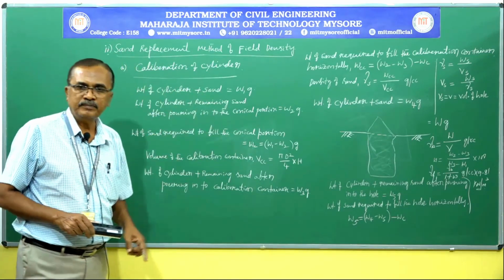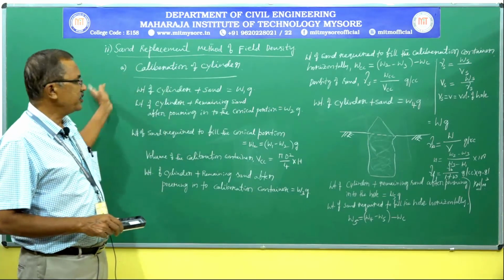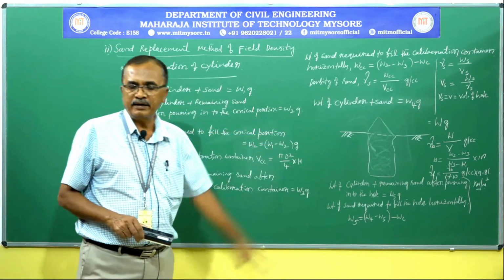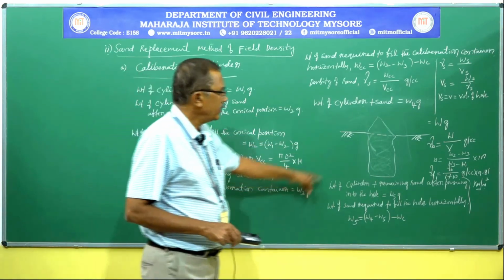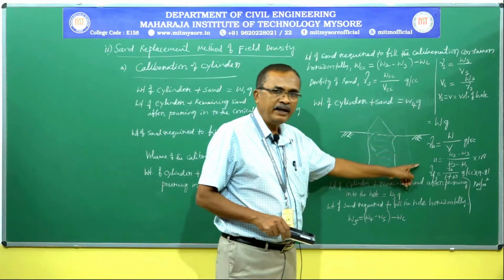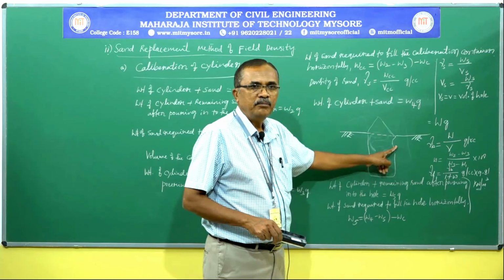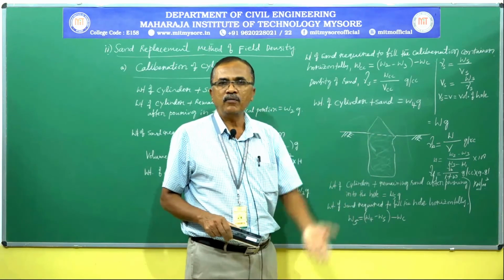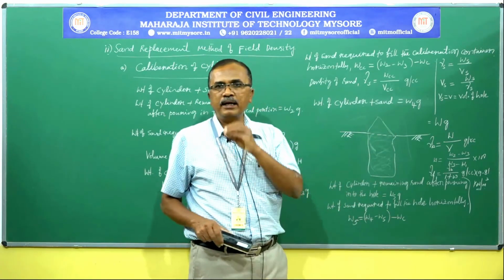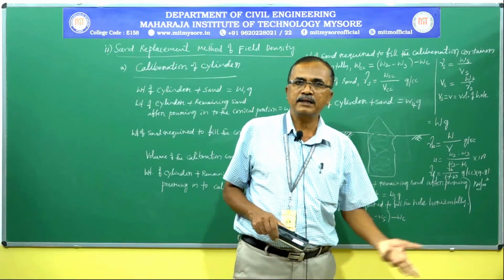When compared to the previous method, this method is more accurate because here we make the hole in the field. Below the surface we do not know what is there, whether there is a pebble or a gravel or a grass root, something like that.